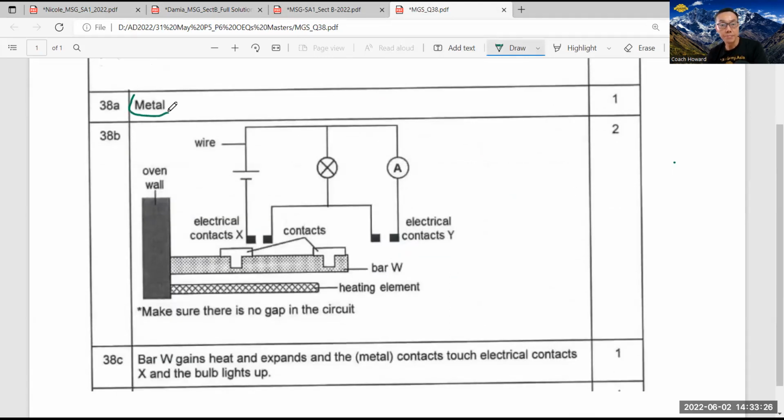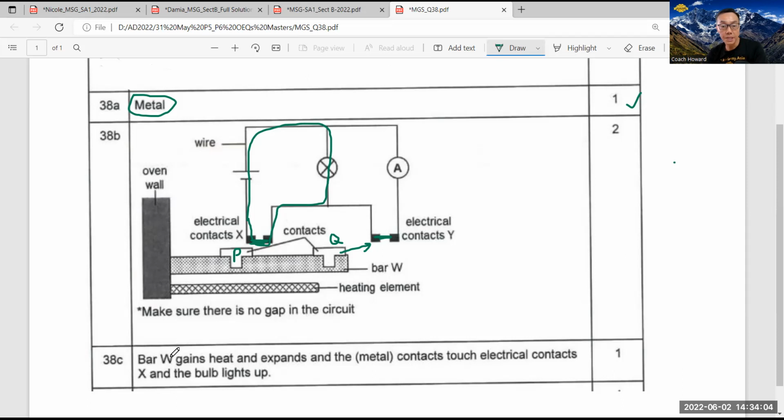So the material is metal; it can be iron, steel, or even silver, and 1 mark will be awarded. So at higher temperature, we assume that this part, which I label as contact Q, will form a close contact here, and both will be turned on, and this will be P. So at 100 degrees Celsius, only this part, the contact P, will form a closed circuit here, and electricity from here will go through here to turn on this bulb only.